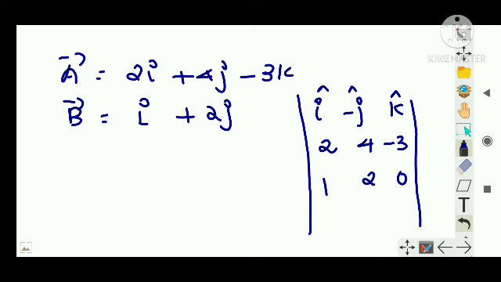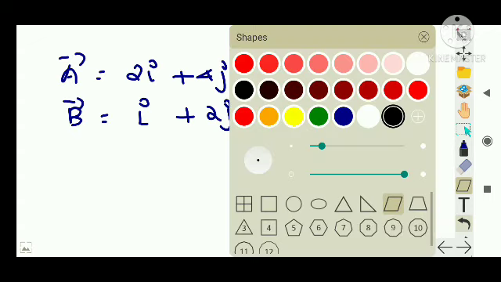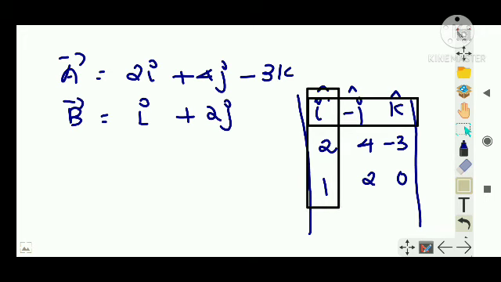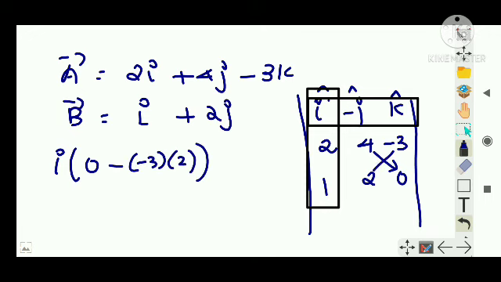Now first keep i's row and column as what? Stagnant. So i, right? Similarly this column, I keep it as it is. Clear? Now what terms can come with i? There is 4 into 0 is 0, then minus 3 into 2 with this one.